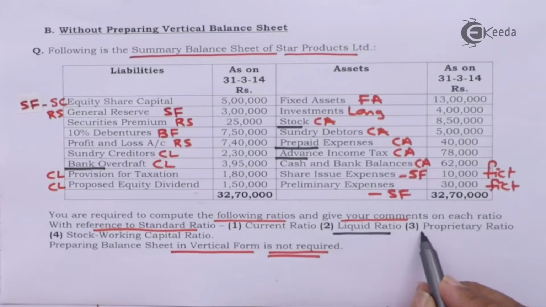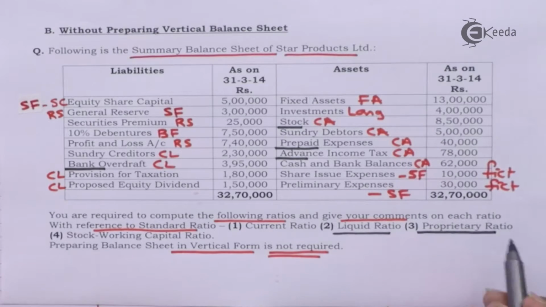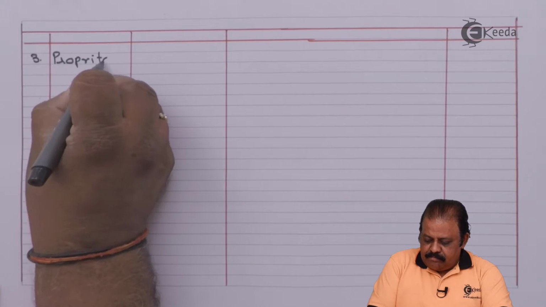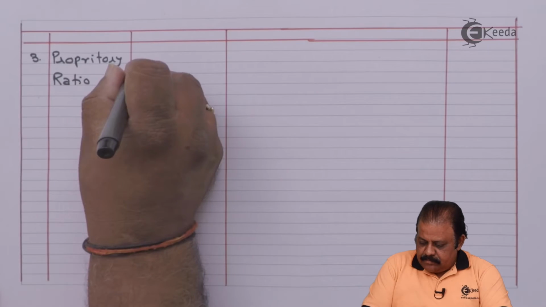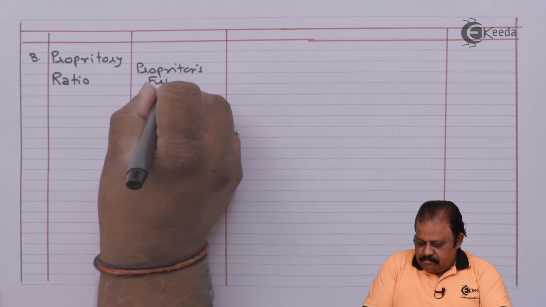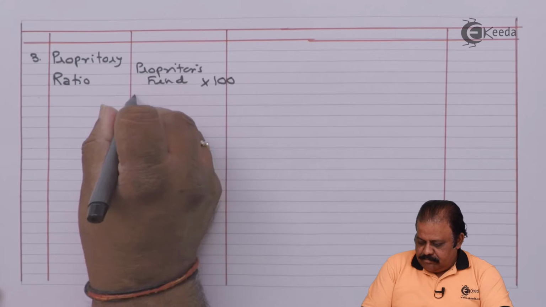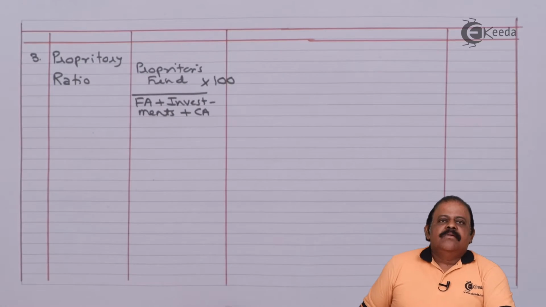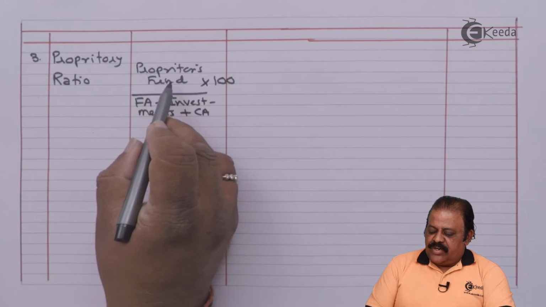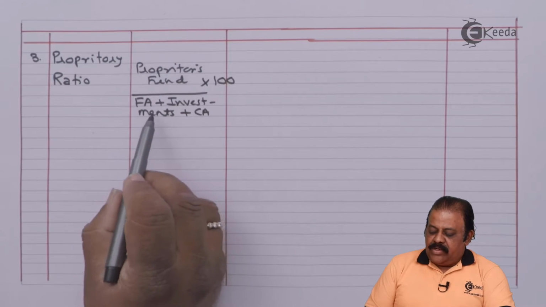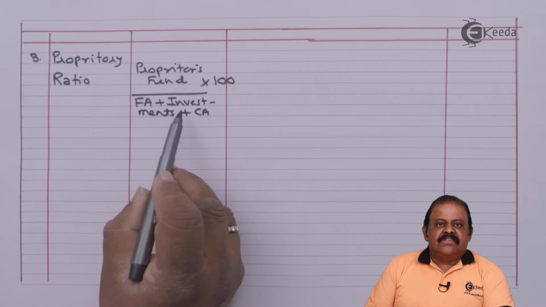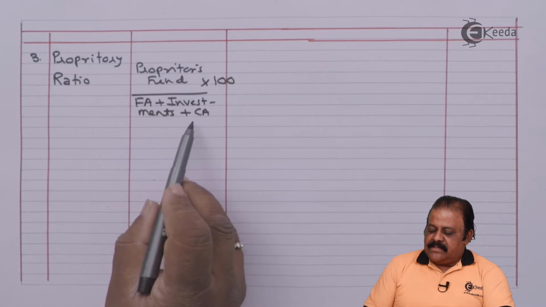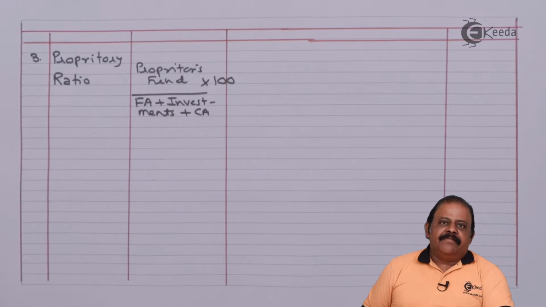Next we have proprietary ratio. Formula for proprietary ratio is proprietor's fund divided by total assets, that is fixed assets plus investment plus current assets, multiplied by 100.